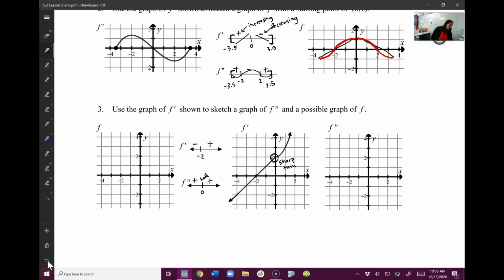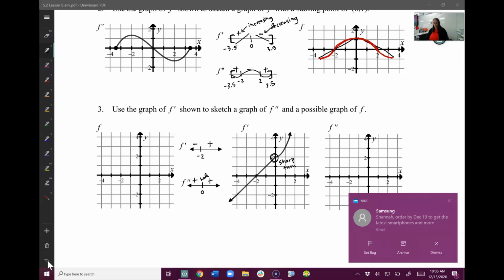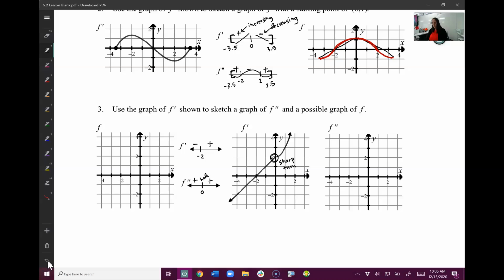Okay, next, let's use these two number lines to sketch a possible f. So now that I'm looking at the original, this negative means decreasing, this positive means increasing. So decreasing, increasing, and both of these should be concave up.